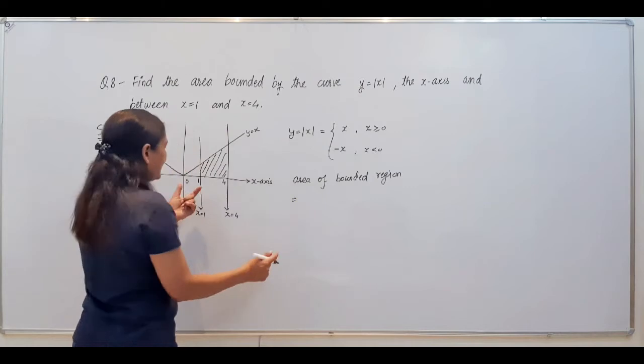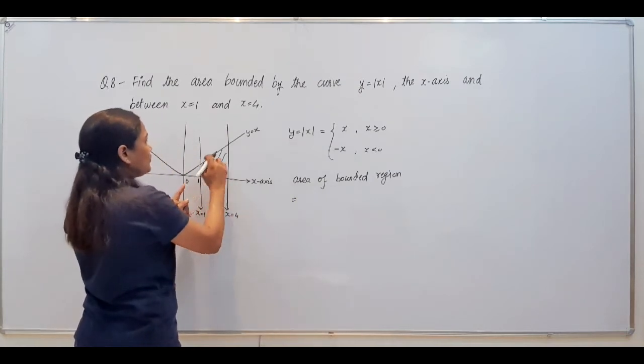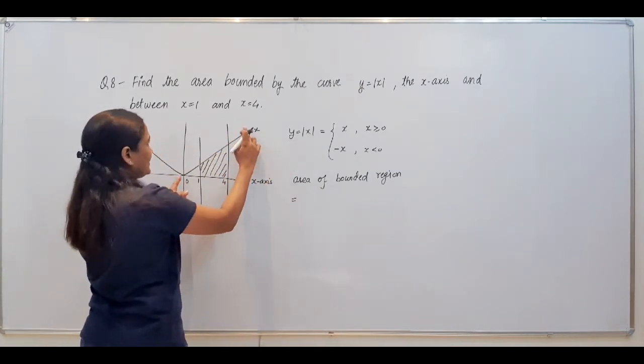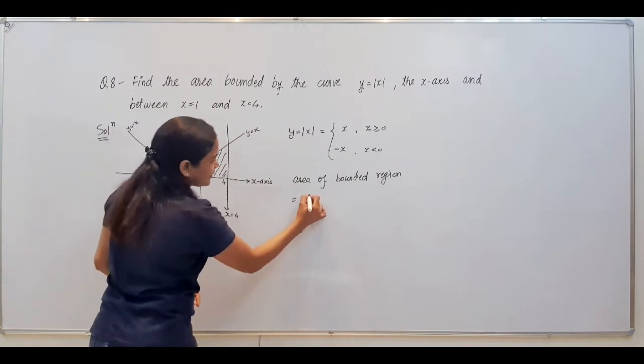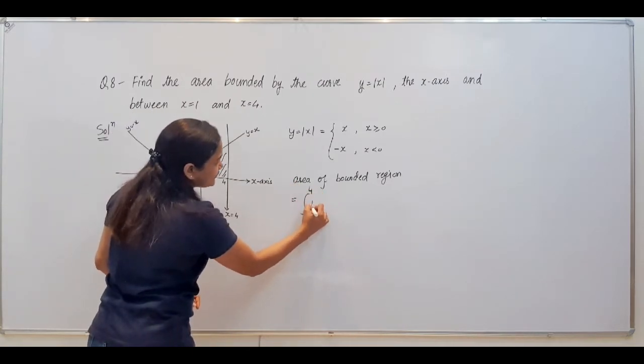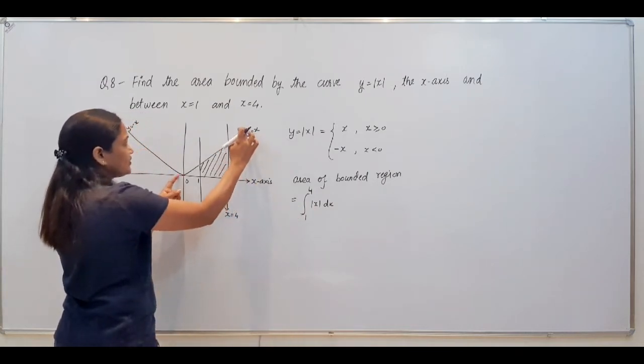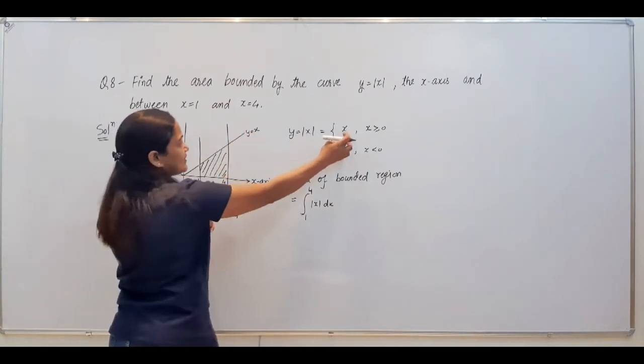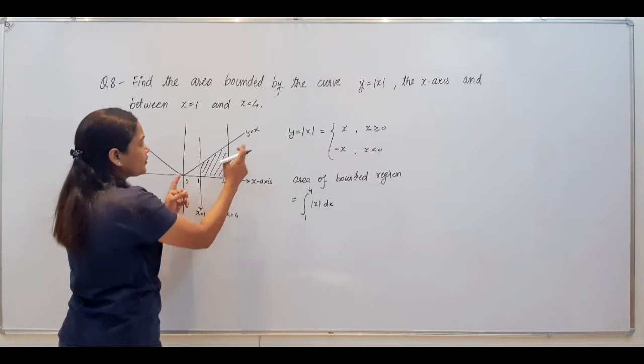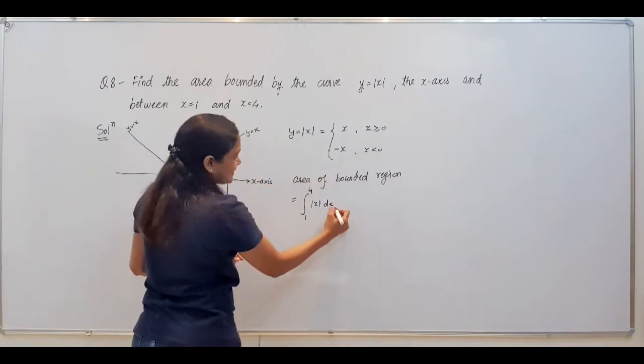can be written as integral 1 to 4. You have to integrate this line between 1 to 4. You have to integrate modulus x, and modulus x is x here. When x is positive, your modulus x is x.